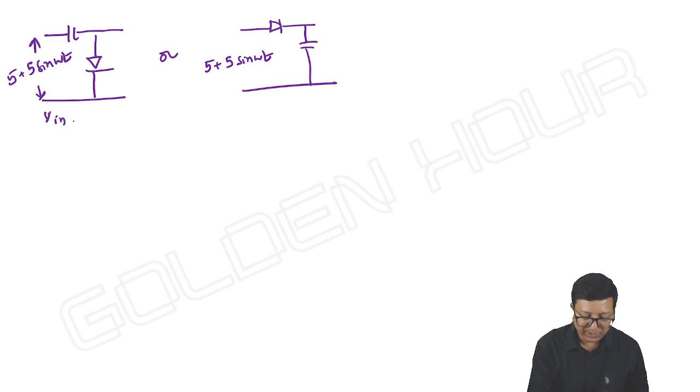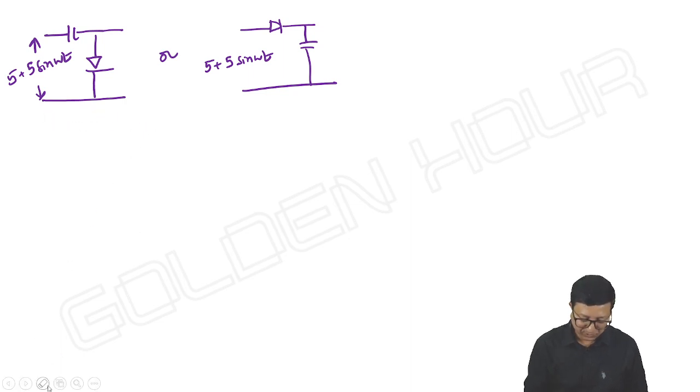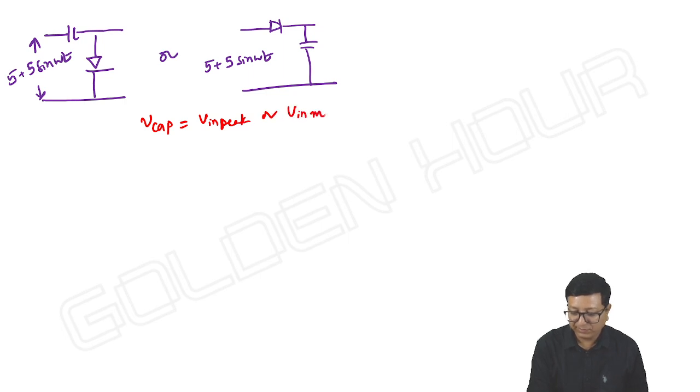As usual, V in is equal to V capacitor plus Vd. We know that. Or directly I am writing it, we know. How many times do I write this? In both the cases, V capacitor will charge up to the peak amplitude, V input peak or V input maximum.